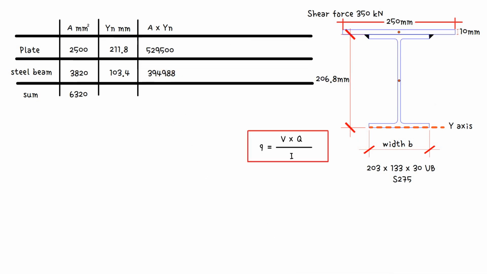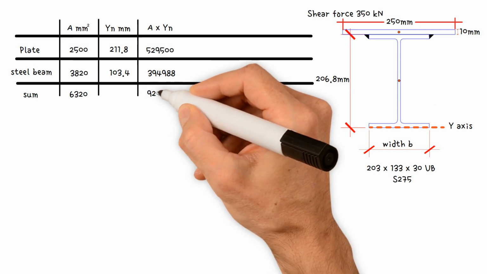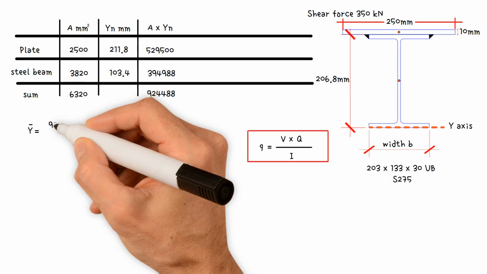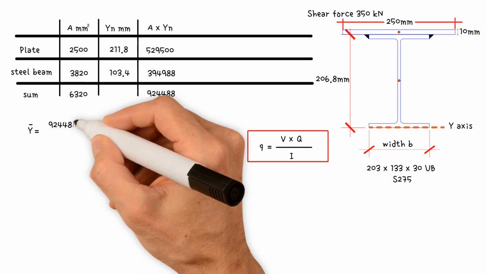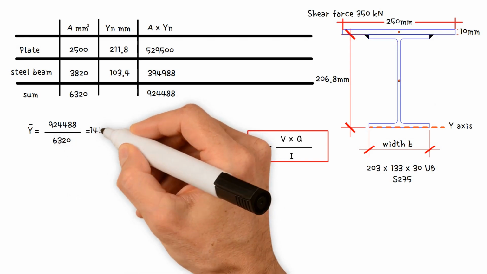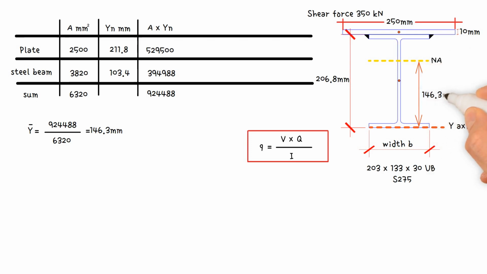When we add these up, we get a total of 924,488 mm3. Therefore, the location of neutral axis, y bar, equals 924,488 divided by the total area, 6,320. This gives us a value of 146.3 mm.